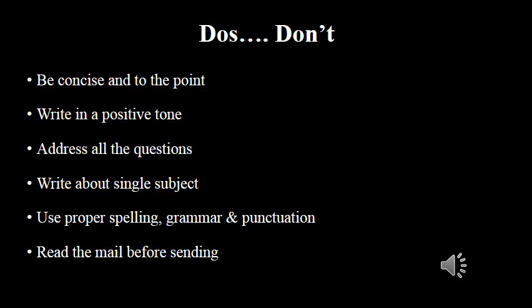Use proper spelling, grammar, punctuation, prepositions, etc. Then the next one, read the mail before sending. We have discussed a number of mistakes that may occur while drafting an email. Reading it helps avoid all this nuisance. So take care before the message is sent.